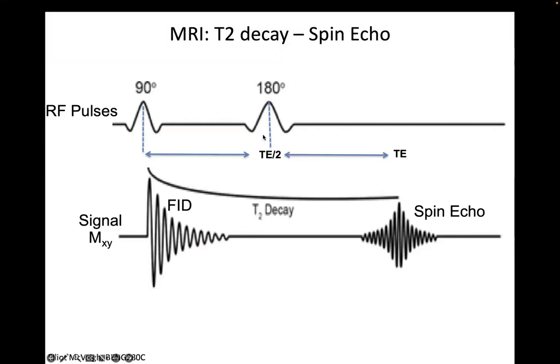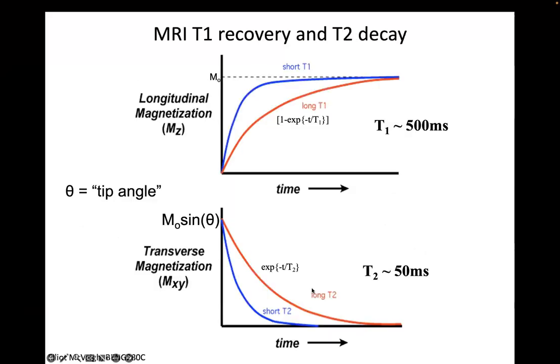So you can apply a 180-degree pulse to cause a spin echo and image that. The T1 recovery is from 0 back to its equilibrium value. T2 is from whatever value you have right after your RF pulse, where you've taken your magnetization vector and put it in the transverse plane, and then it decays away in the transverse plane with a time constant.